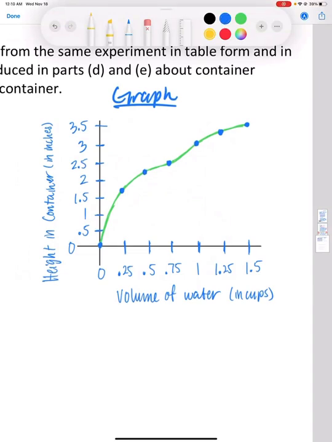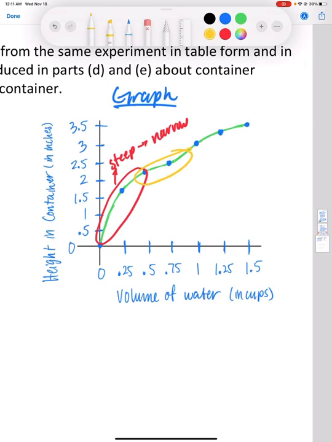Using the same analysis, we have red is steep. Okay, so this one is steep, a steep graph, which means that the jar or the container is narrow at this point. Okay, and then we have our widening out.